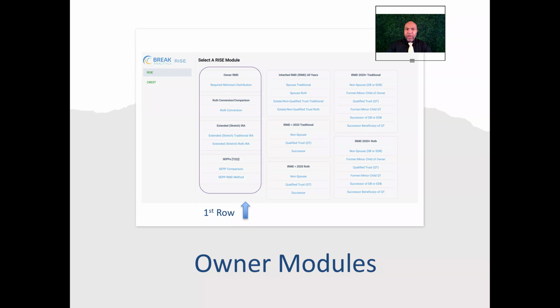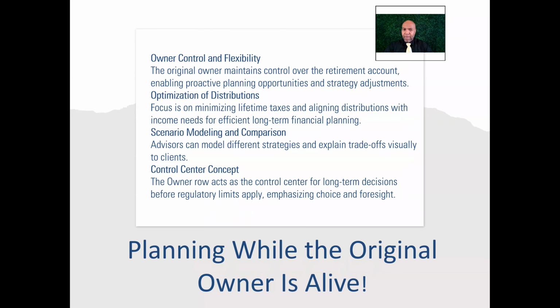So in your first row here, we call this the owner modules. So in other words, this is your planning while the actual owner is still alive. That means that the owner has control and flexibility in what they want to do. They make a decision. Hey, I want my RMDs. I want to make a Roth conversion.